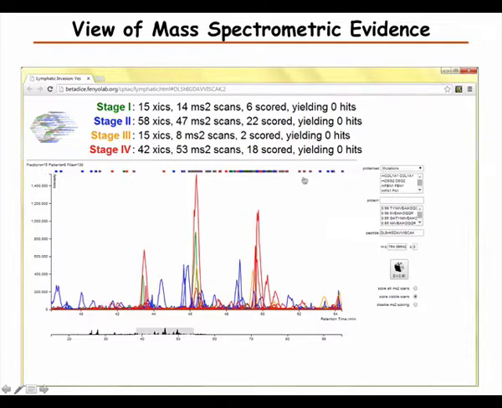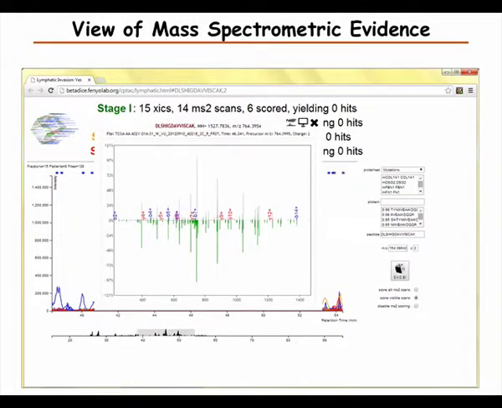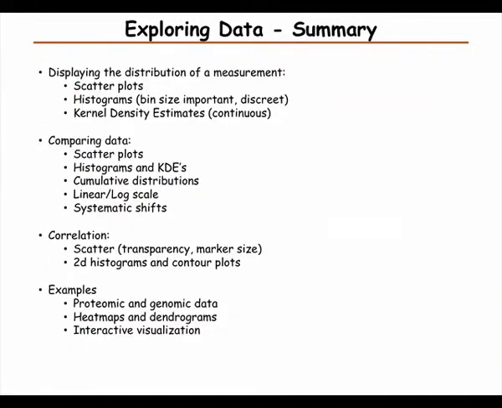So we can go back and analyze these enormous amounts of data and choose the level of detail that we want to see. This is just some more details, and I'm going to skip that.